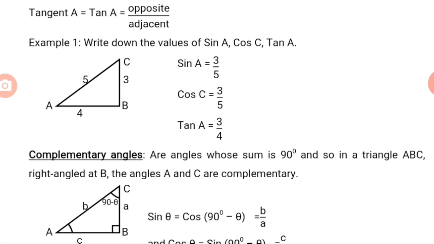Therefore, tan A is 3 all over 4. Having known that, because we have done all these in our previous lessons, we are just revising. Having known all this, then we can move on to complementary angles.